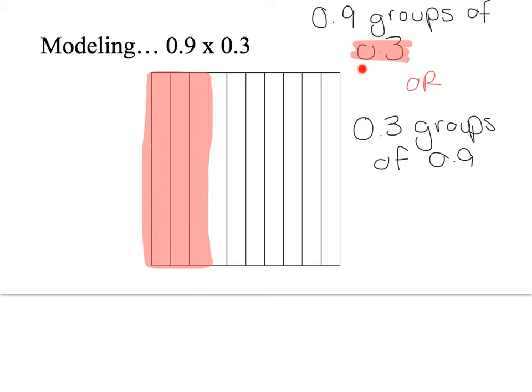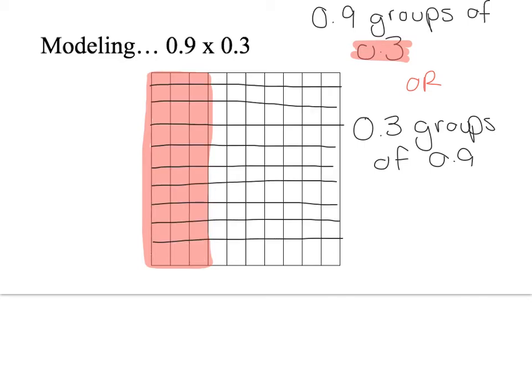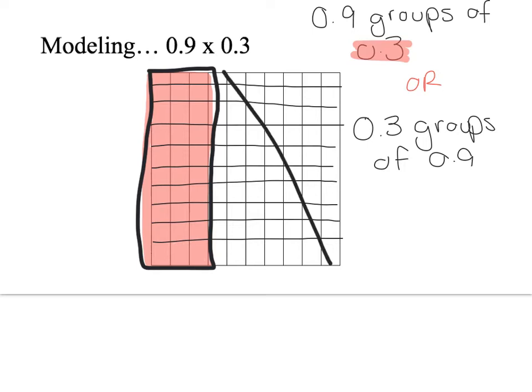Now let's talk about what 9/10 looks like. For 9/10 of 3/10, I'm going to have to take this section of 3/10 and split it, as if I'm creating hundredths, into 10 sections, and of those 10 sections within our 3/10, I'm going to shade the 9/10. I have divided this into 10 sections horizontally, and this unshaded region really has no part in this any longer.